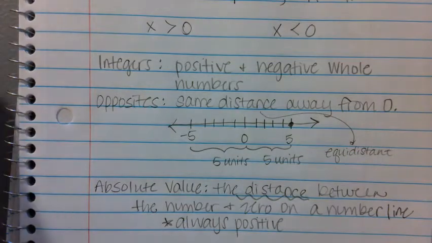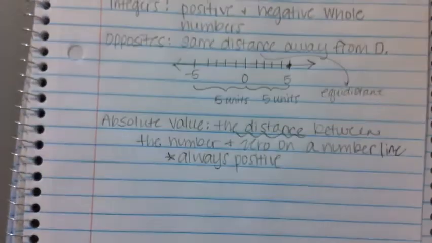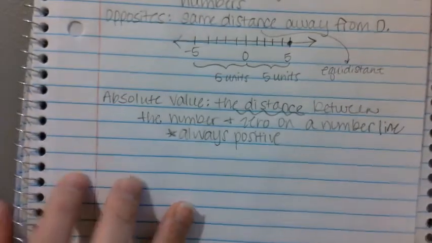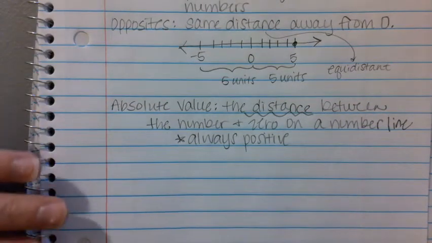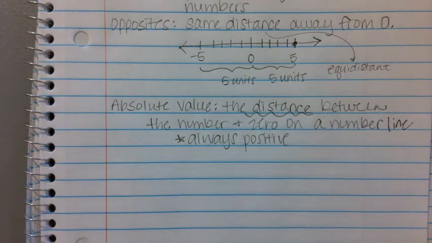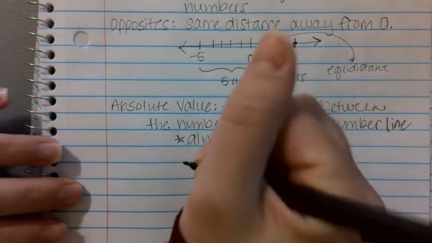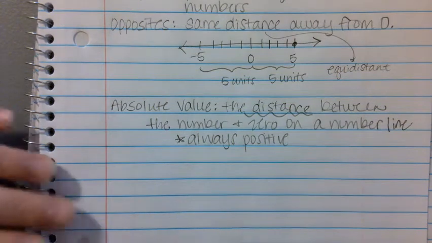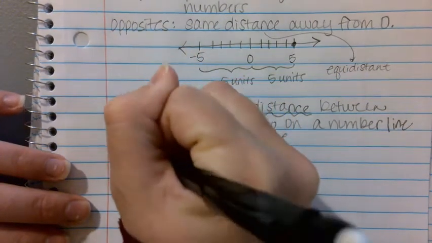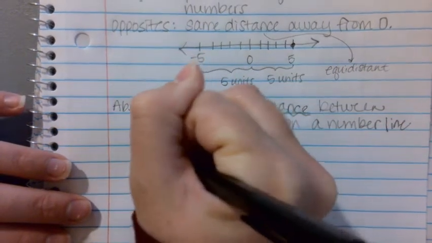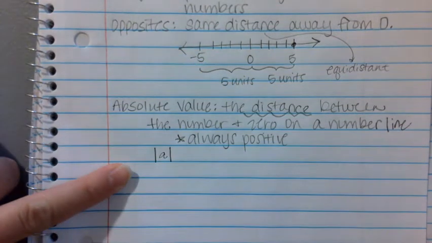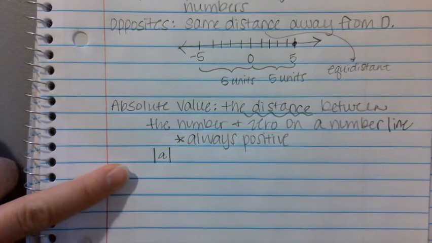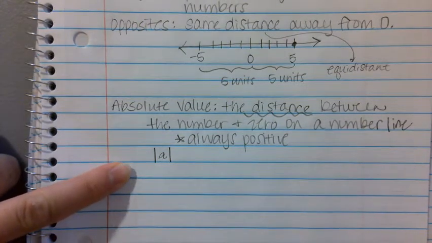All right, so as we get started practicing absolute value, you're going to start to see a new symbol. You may have seen it in the past, but when we write the absolute value of a number, you see it between these two straight lines. I'm going to use a to represent our number because we're using a as a variable. It could be any value.